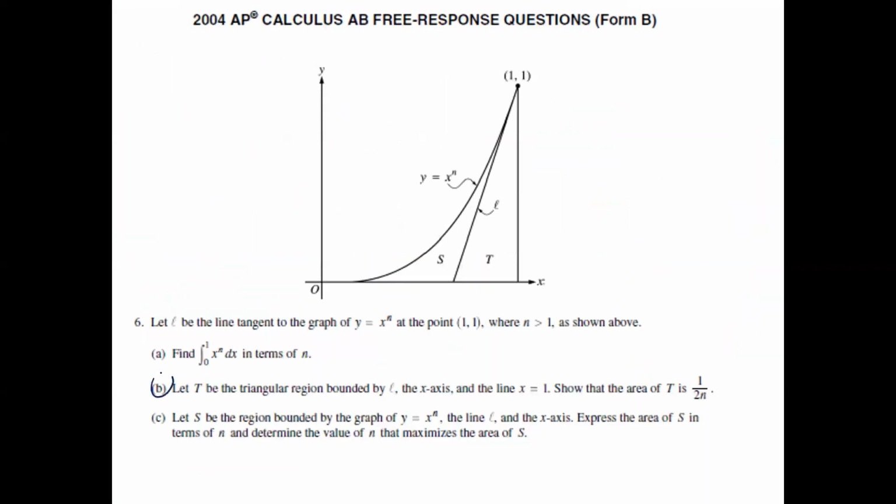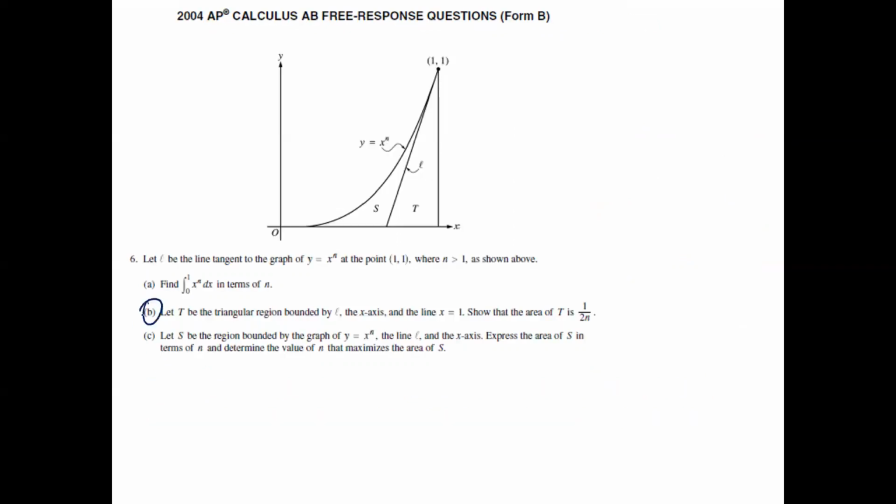Let's take a look at part B. Part B says let T be the triangular region bounded by L. Okay, so T is going to be this region right here. L is the tangent line to the curve y equals x to the n.